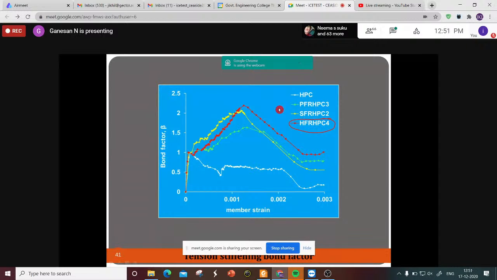And when you use the high modulus fibers, again it will bridge across the crack and delay the propagation of crack, which in turn will result in the increase in the energy absorption capacity of the material. So that improves the bond factor.